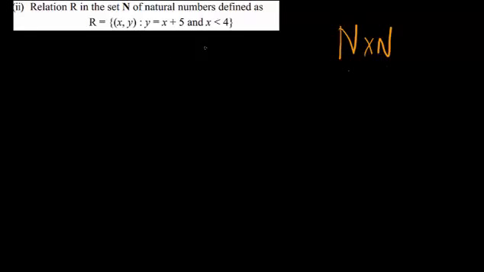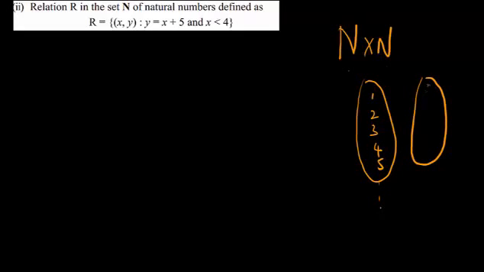However, if you look at this relationship here, a restriction is being applied, which means the domain of the relationship is less than 4. To understand what the domain and codomain are, please go back and visit my videos. So, this being the set of natural numbers, 1, 2, 3, 4, 5, it goes on till infinity.